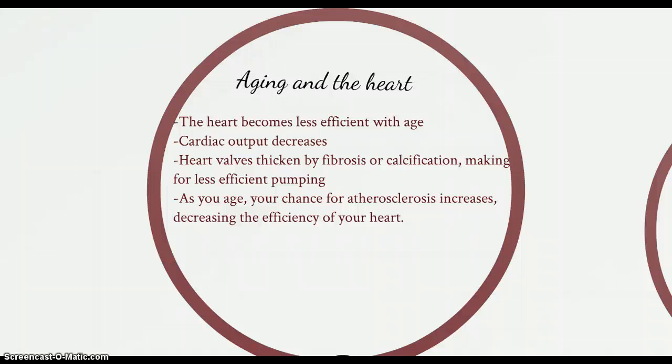And as you age, your chance for atherosclerosis also increases. And if you do get atherosclerosis, you're decreasing the efficiency of your heart. So atherosclerosis is basically the buildup of plaque, which is basically fat deposits in your blood vessels, and that'll create a little clot, and that's bad.